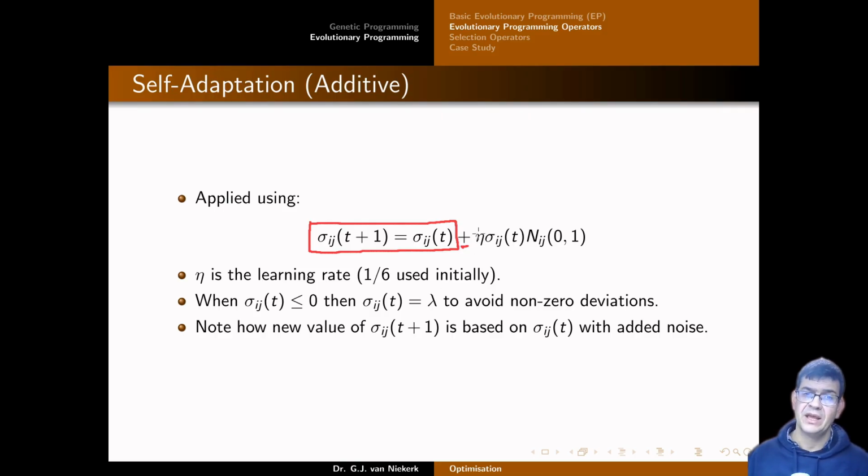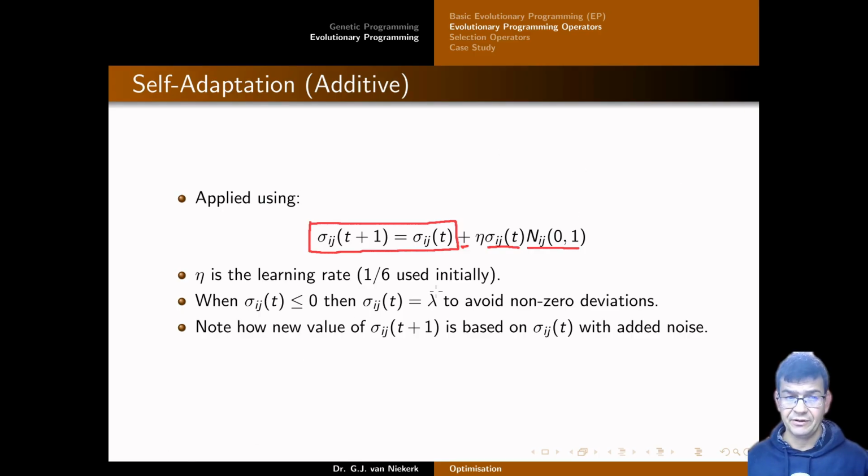This value consists of a learning rate, this eta value, which is set to a sixth initially, multiplied by the current strategy parameter for that parent, multiplied by a normal distribution. So this is some random value with a mean of 0 and a standard deviation of 1. That's going to give you both negative values and positive values, and that's how you're going to keep on adapting that strategy parameter.